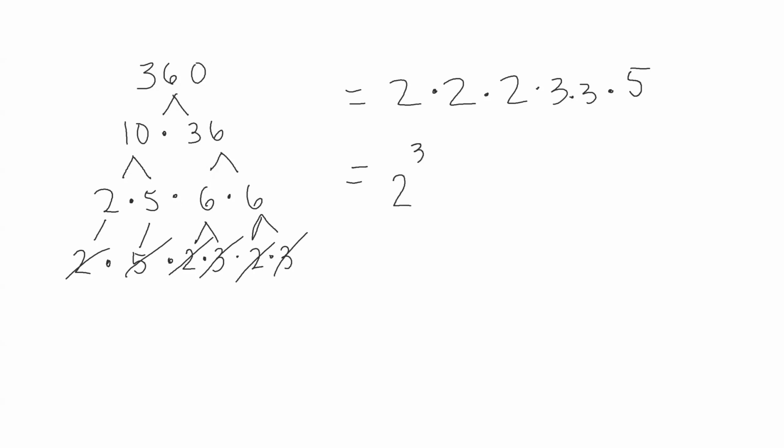So I have 2 to the third times 3 to the second times 5. And if you have any doubts, multiply this out right here. You can take a calculator and you get 2 times 2 times 2 times 3 times 3 times 5. And sure enough, we get 360.